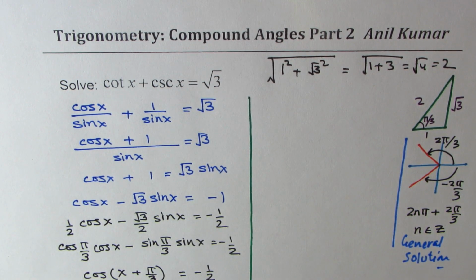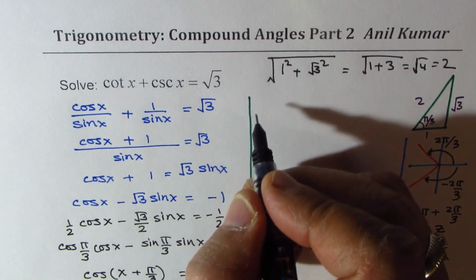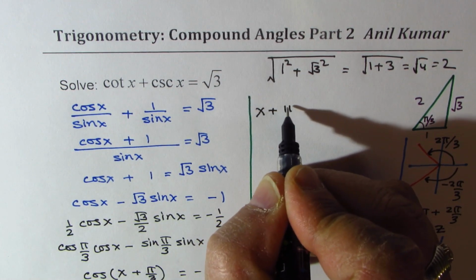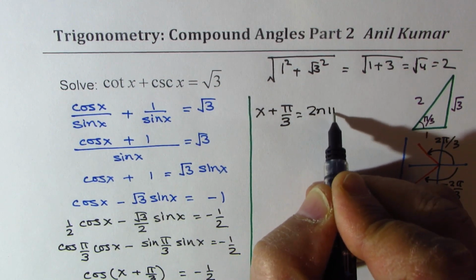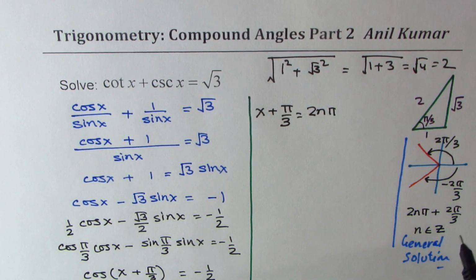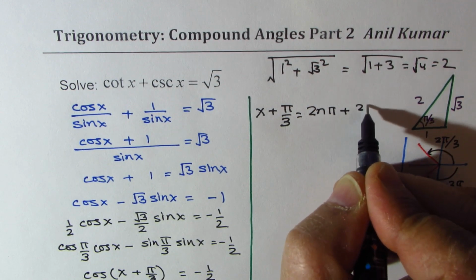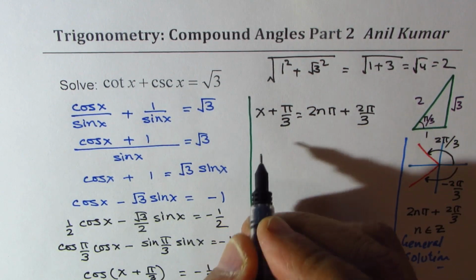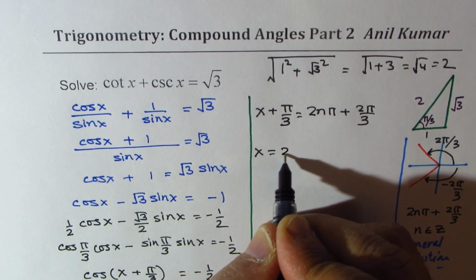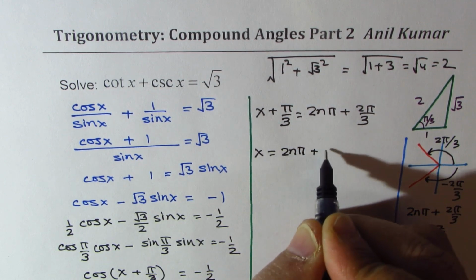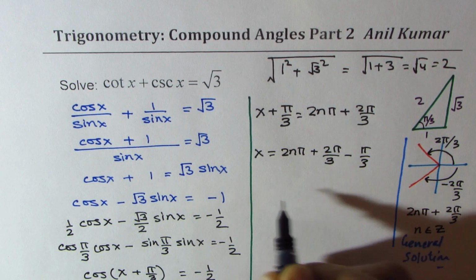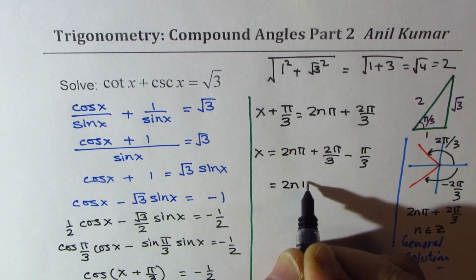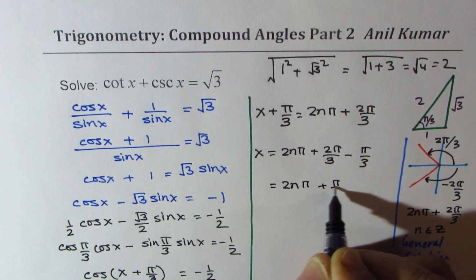So we could write x plus pi by 3 equals 2n pi plus 2 pi by 3. Solve for x, which is 2n pi plus 2 pi by 3 minus pi by 3, or 2n pi plus pi by 3.